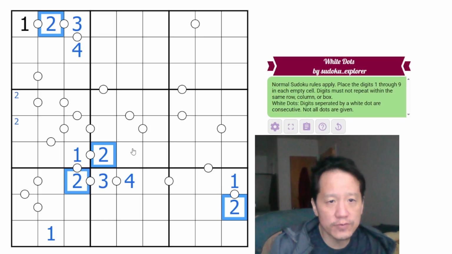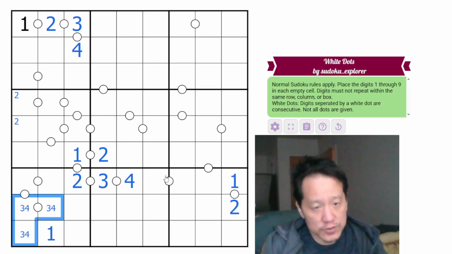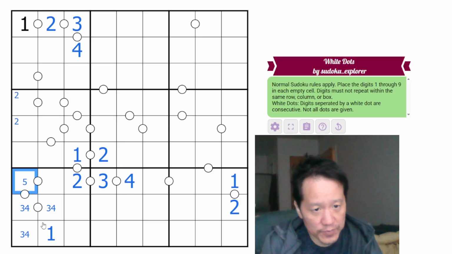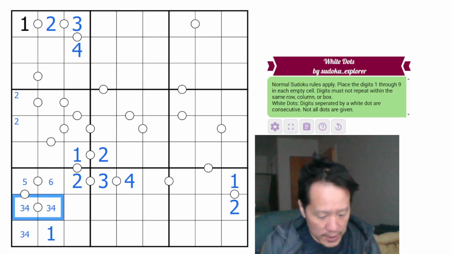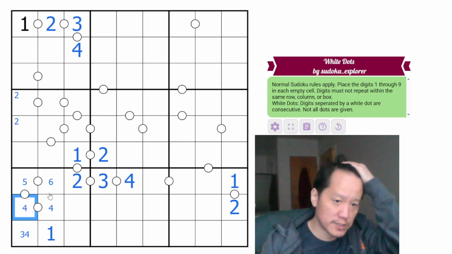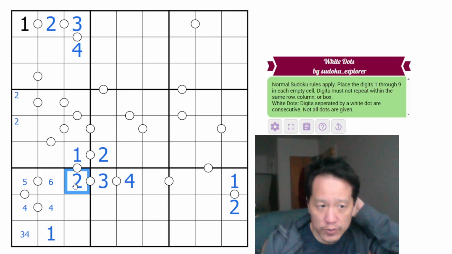2 has to be one of those. This cannot be 3 and 4. Where can 3 and 4 be? 3 and 4 can only be in these cells, right? So either this is 3 and this is 4, and this would have to then be 5 and 6, because those are the only forms that can be consecutive. 3 cannot be consecutive with 2 unique cells in this box, particularly because you don't have a 2 available.